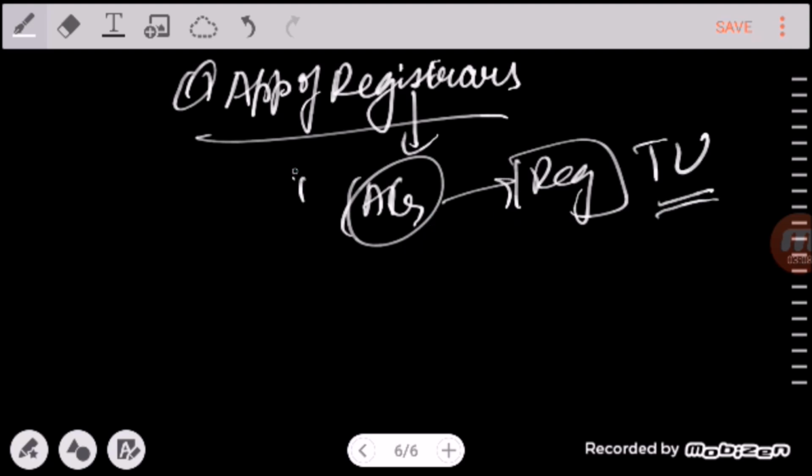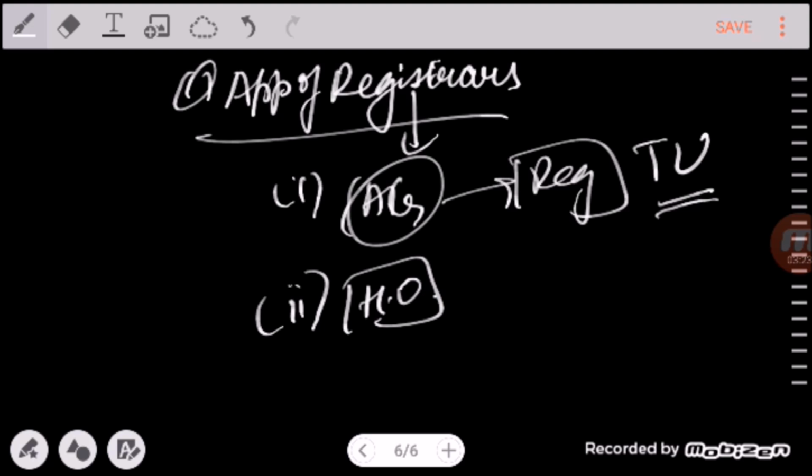And this is the first point. Second point is, in relation to any trade union, the registrar appointed for the state in which the head or registered office of the trade union is situated. Where the head office of the trade union is situated, for that state, a registrar will be appointed.